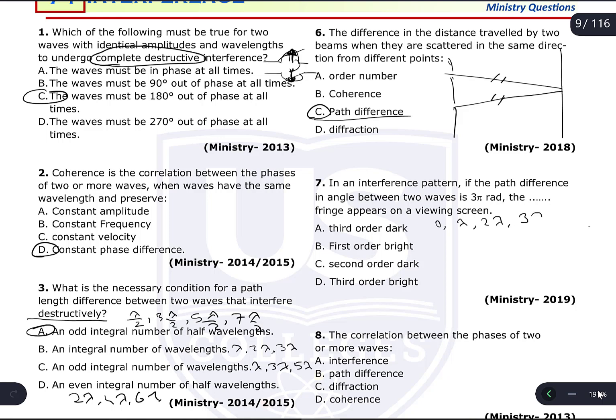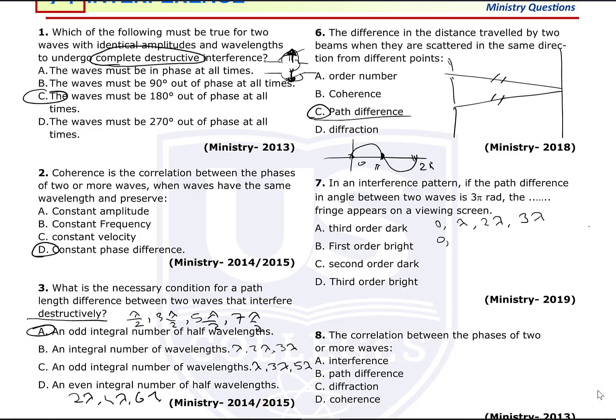Each wavelength corresponds to an angle of 2 pi radian, because one complete wave has an angle of 0, pi, and 2 pi radian. One complete wave forms when the wave propagates by an angle of 2 pi radian. So every 1 lambda corresponds to 2 pi radian. So 2 times 2 pi is 4 pi, 3 times 2 pi is 6 pi.